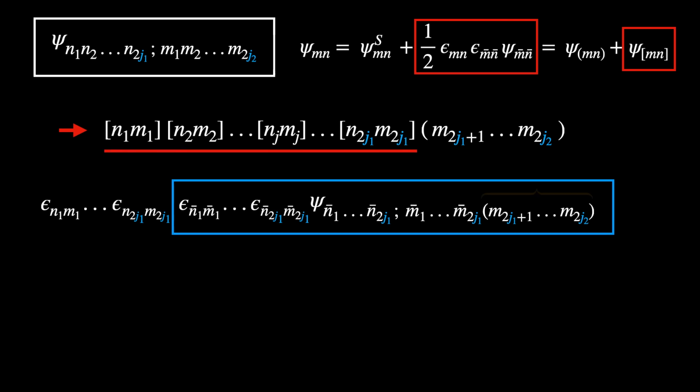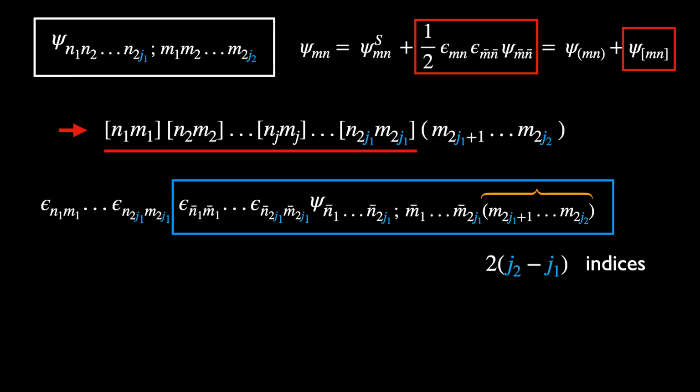The number of symmetrised indices left is just 2j2 minus 2j1 plus 1 plus 1, which is 2 times j2 minus j1.